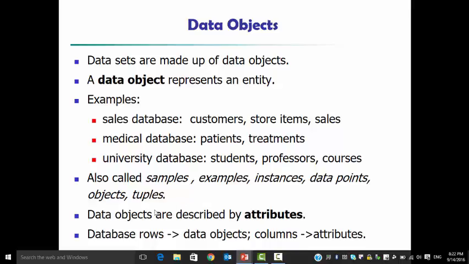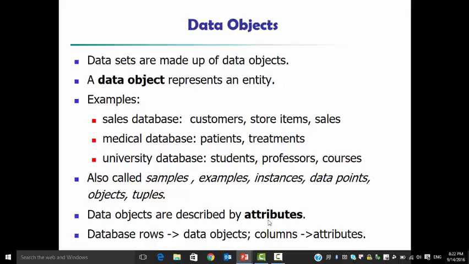Data objects, in other words, are called attributes. The definition of data objects or attributes is not really uniform. Therefore, the definition on this slide is not applicable to every other domain.